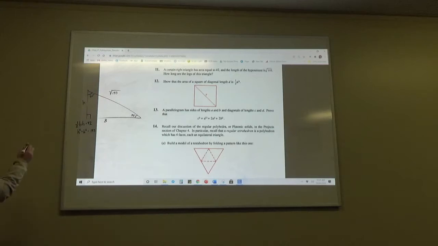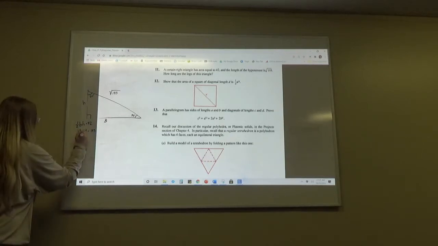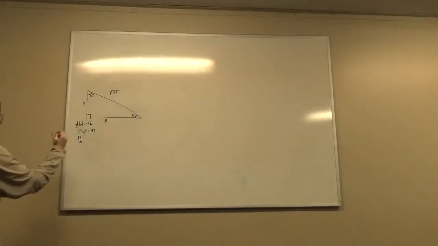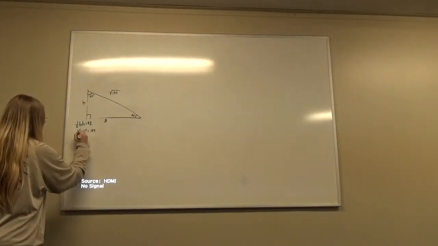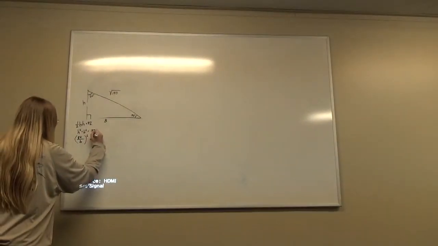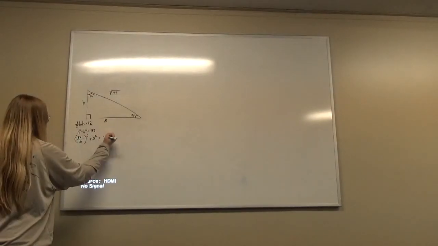If I replace the h with 84 divided by b, so underneath the h squared, write 84 divided by b. Now, put it in parentheses and square it, plus b squared equals 193.